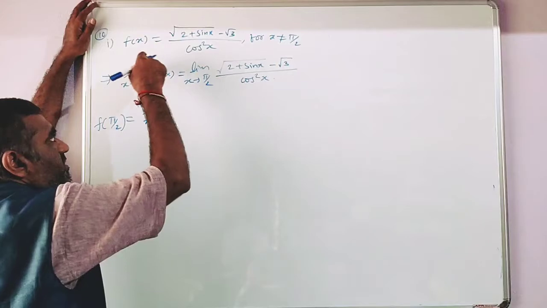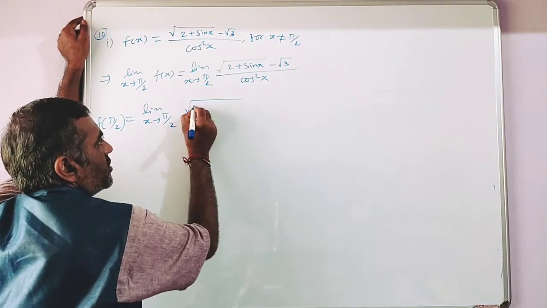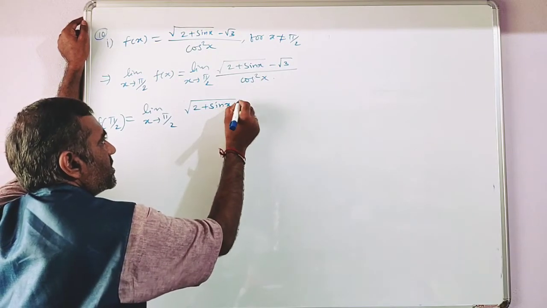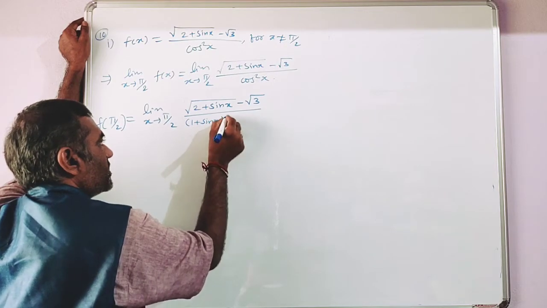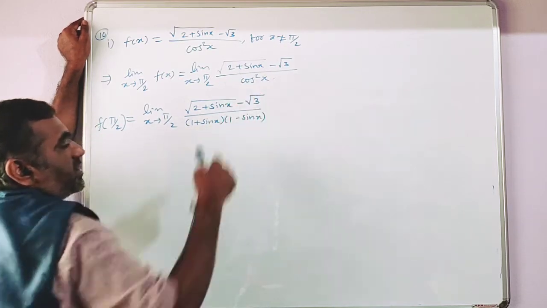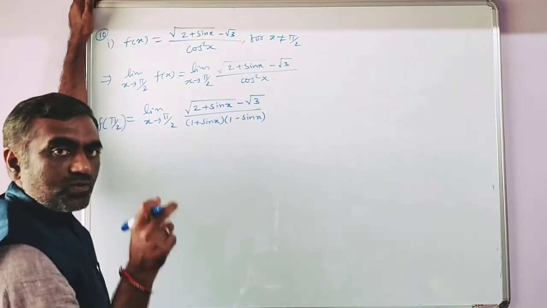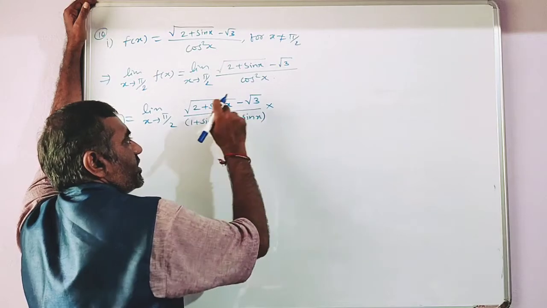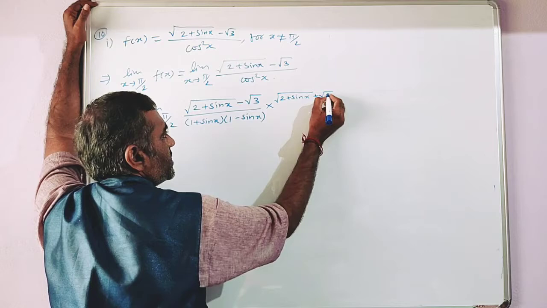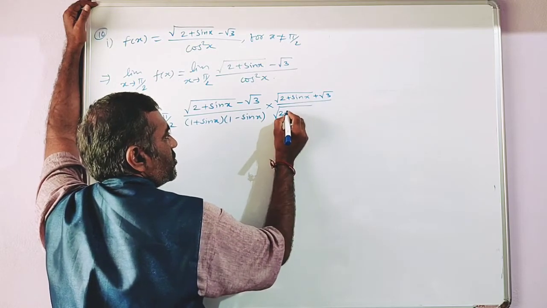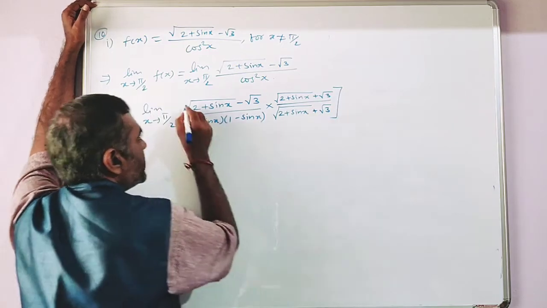This is nothing but f of pi by 2. Limit as x tends to pi by 2 f of x is nothing but f of pi by 2. f of pi by 2 is equal to limit as x tends to pi by 2 of this one, square root of 2 plus sin x minus root 3. At a time we multiply both by (1 plus sin x) into (1 minus sin x). Why? Because we know that cos square x is nothing but 1 minus sin square, 1 minus sin square is equal to (1 plus sin x)(1 minus sin x), into the conjugate of this numerator, square root of 2 plus sin x plus root 3, upon square root of 2 plus sin x plus root 3, bracket complete.